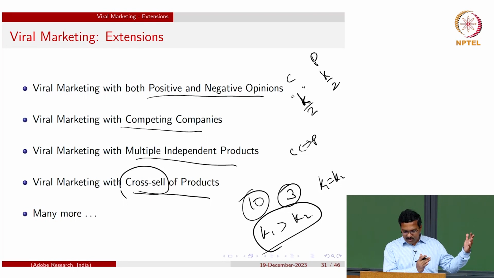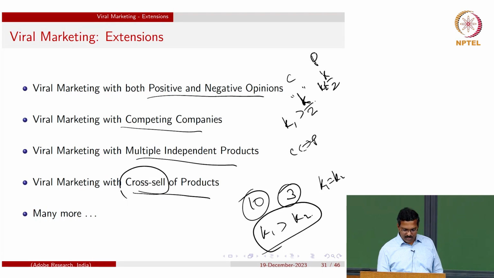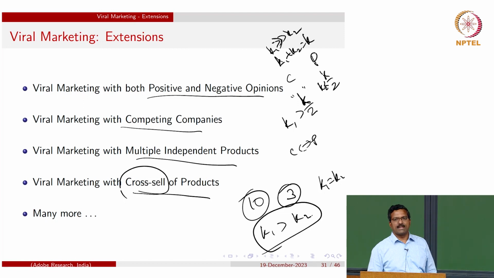Target more individuals, greater than K by 2, for computers, and for printers target less than K by 2. So call them K1 and K2. Together K1 plus K2 is your K, but K1 can be much higher than K2. Why? Because clearly there is some cross-sell relationship between the two products, like computers and printers.